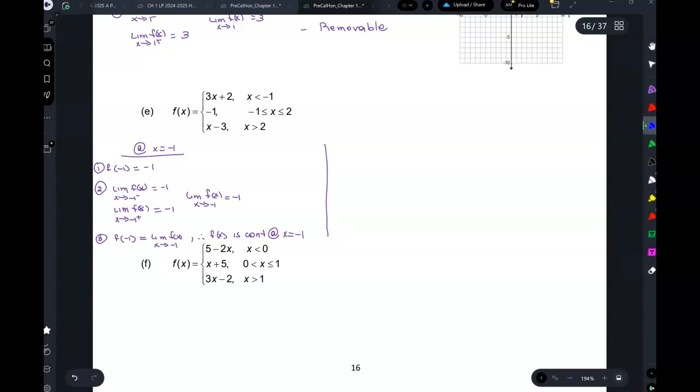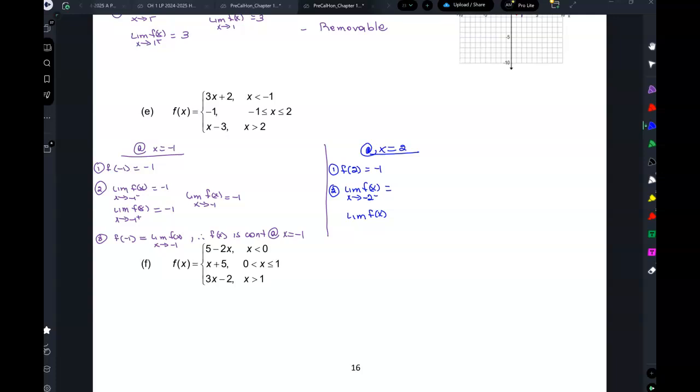Now let's do x equals 2. What's f of 2? Yeah. What's the limit of f of x as x approaches 2 from the minus side? -1. Okay. Well, how about from the positive side?